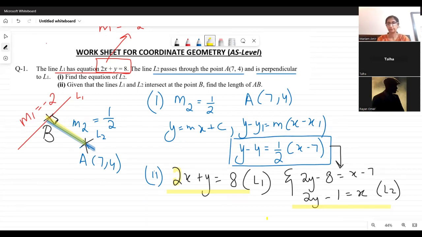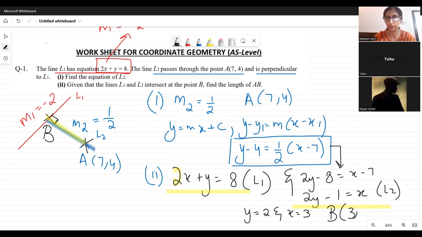Y equals 2. Okay, y equals 2, and what about x? X equals 3. Dan, did you get the same answers? Yes, miss. B is coming out to be (3, 2), which is correct.